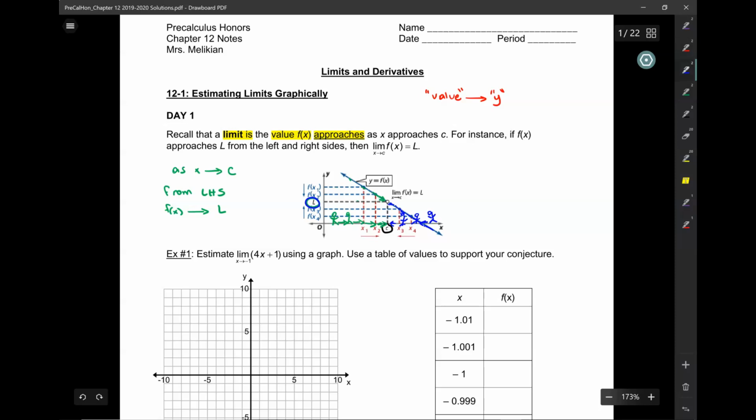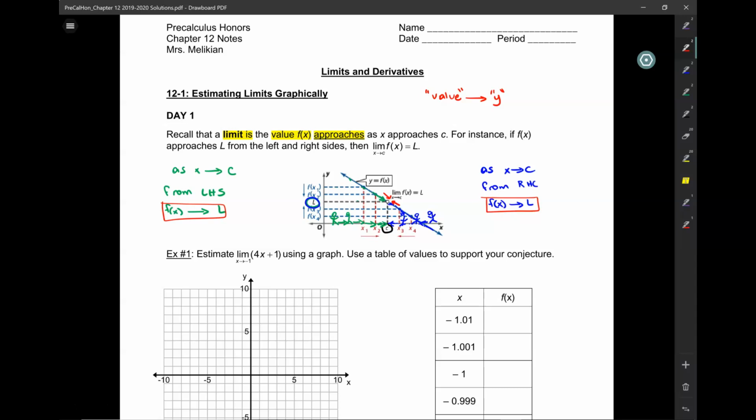Okay? All right, so that's what we discovered from the left-hand side, that my graph was approaching a value of L. Well, what did we discover from the right-hand side? As x approaches c from the right-hand side, as my x values get closer and closer to c from the right-hand side, we see that the value of f of x is also going to approach L. And so now something beautiful is happening here, because as I approach c from the left-hand side, and as I approach c from the right-hand side, I see that the graph is reaching the same vertical point.